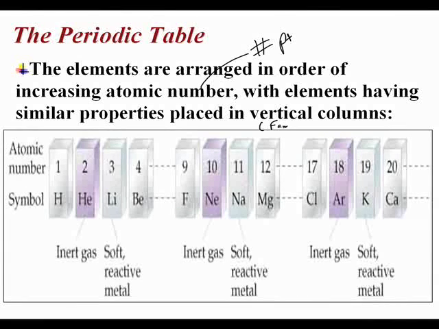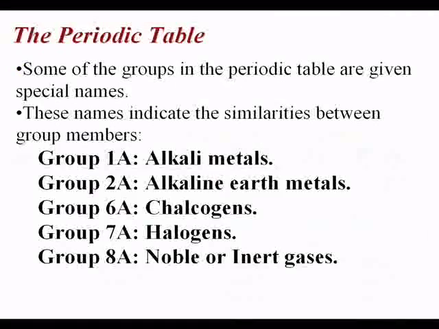So if we put them in a line, we can find that helium is an inert gas, neon, and argon. Hey, they all have the same old properties. Why don't we put them together? Lithium, soft reactive metal. Sodium, soft reactive metal. Potassium, hey, it's a soft reactive metal. And this naturally flows into this. Oh, this is a mess.